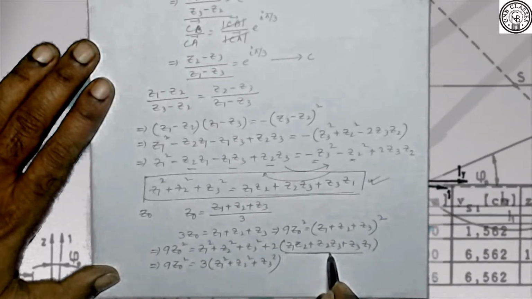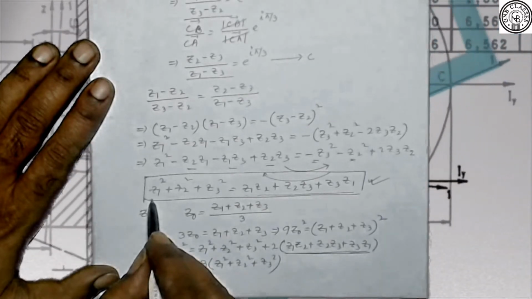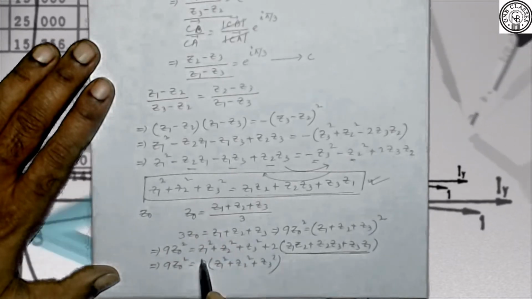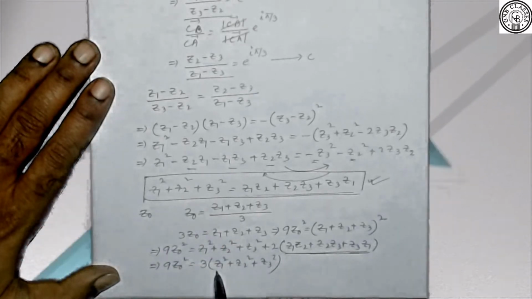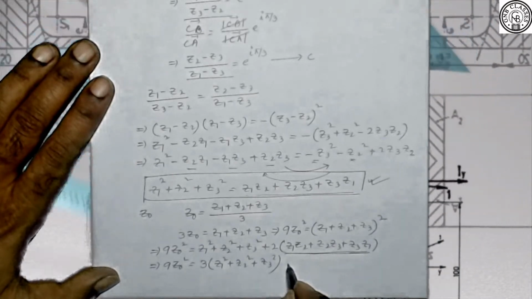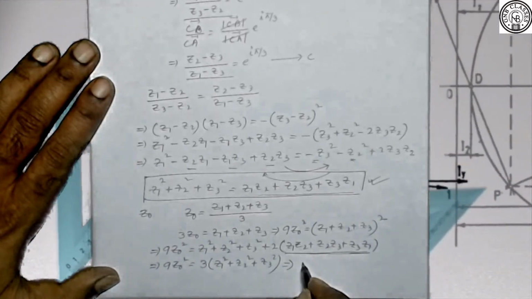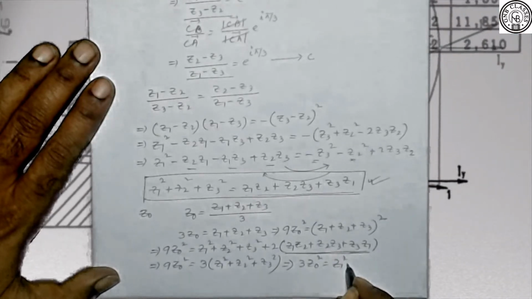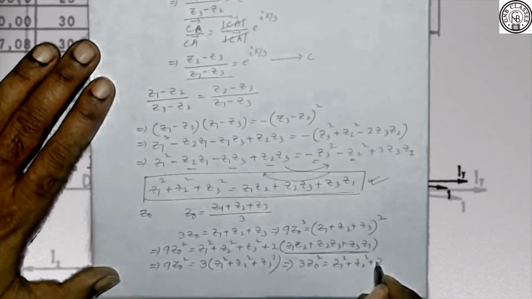Because Z1 Z2 plus Z2 Z3 plus Z3 Z1 has been replaced by Z1 square plus Z2 square plus Z3 square. So that implies 3 times Z0 square is Z1 square plus Z2 square plus Z3 square.